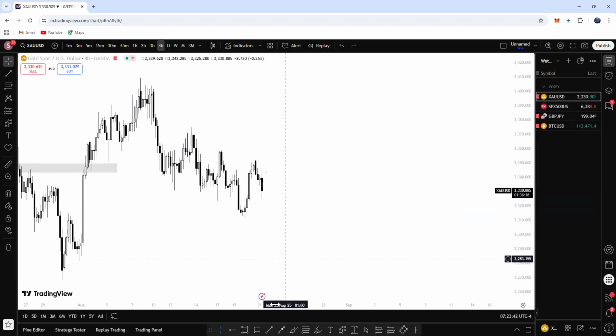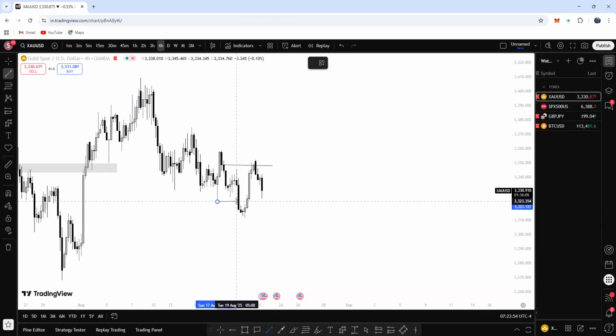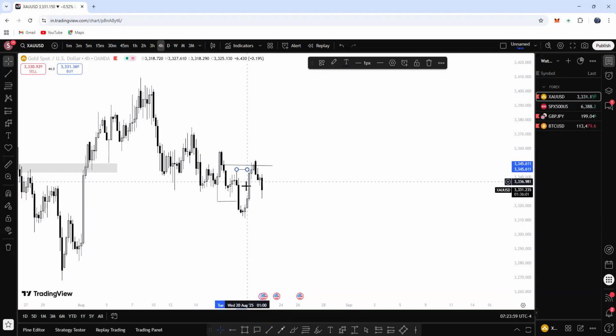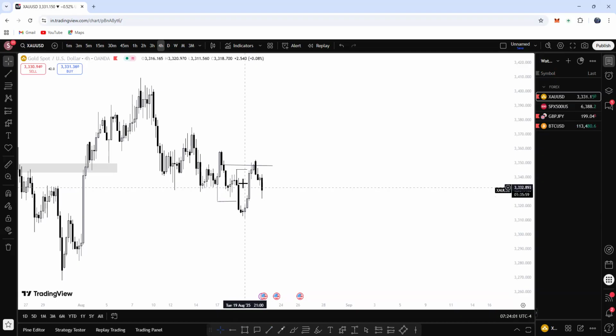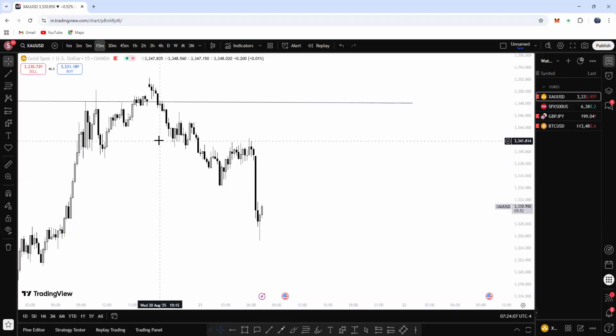Okay, guys. So what reacted from? We have our miss here, guys. This is our miss. Then we have a breakout structure here. Let's see what happened there, from M15.